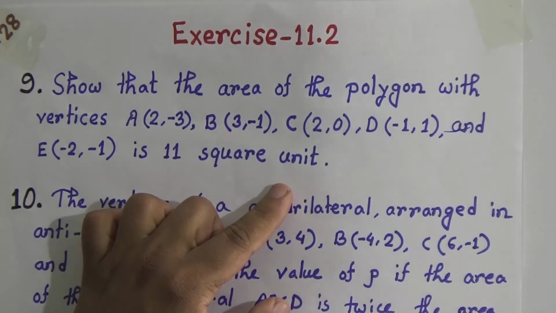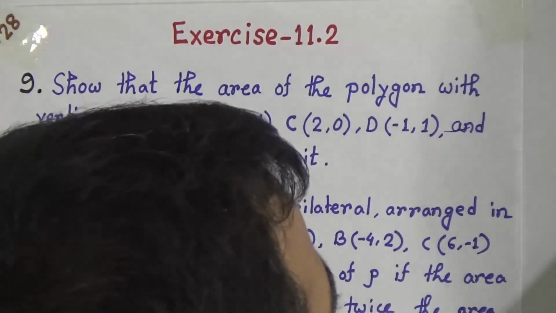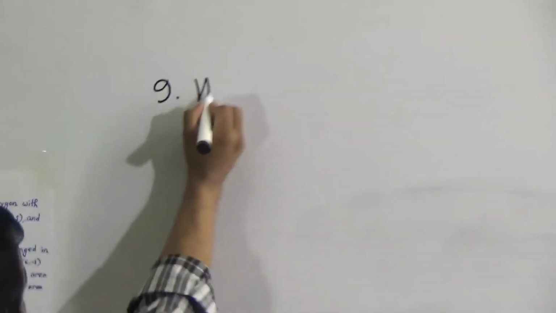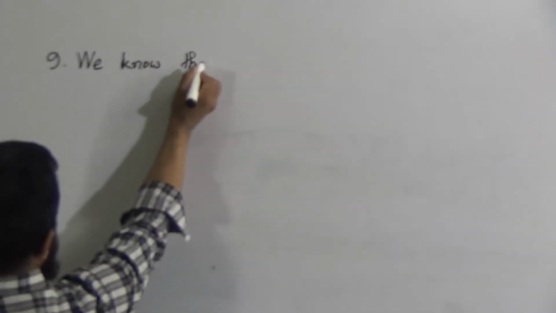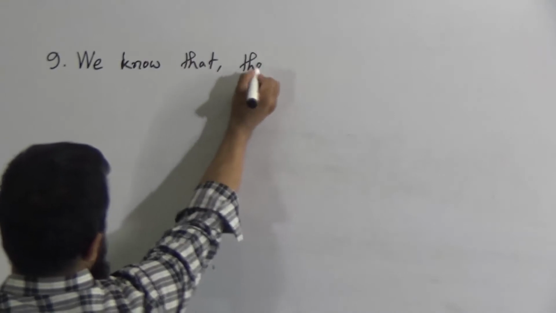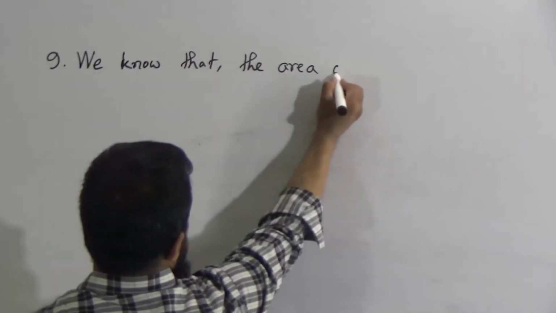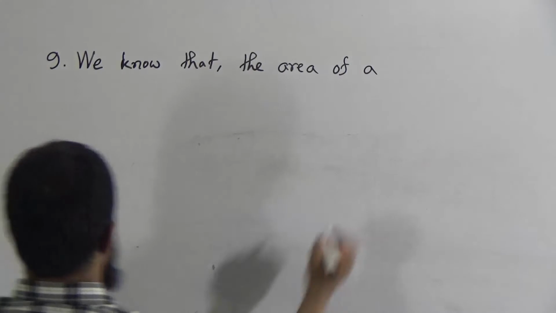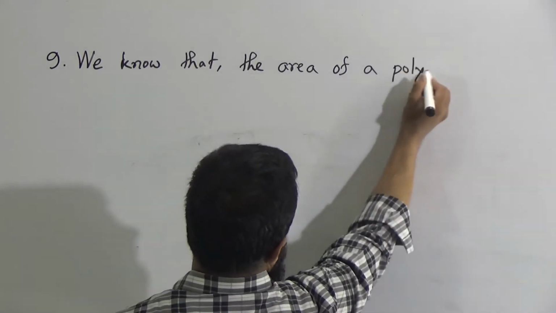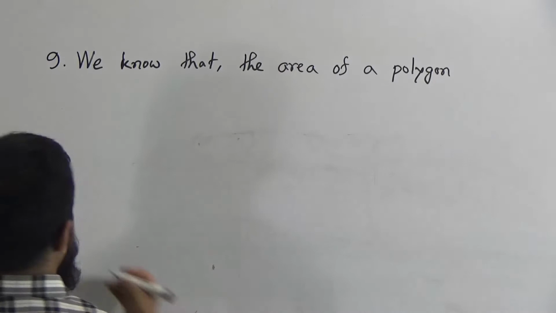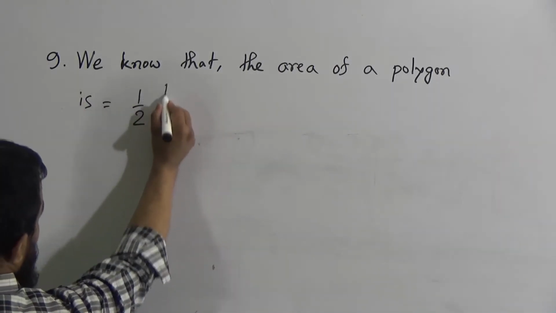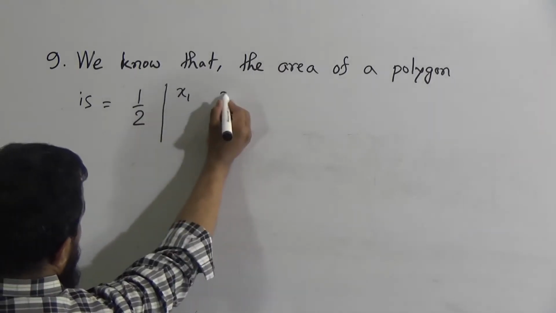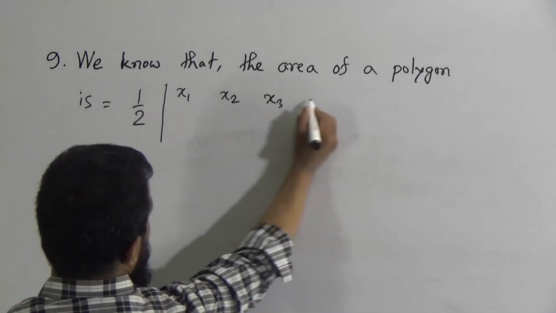So how do we find the area of the polygon? Question number 9 solution: we know that the area of a polygon is equal to a half of the determinant x1, x2, x3, x4.